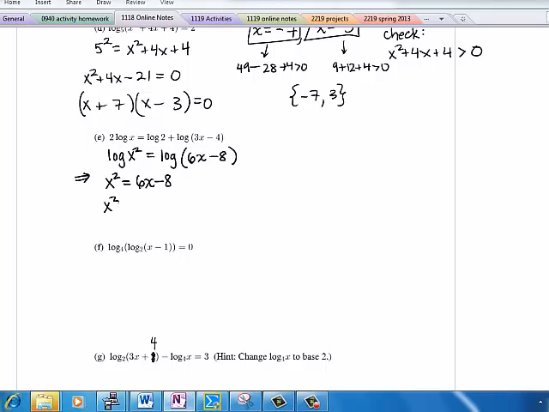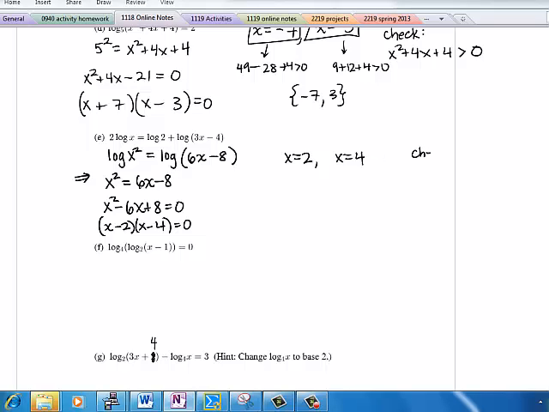So x squared minus 6x plus 8 is 0. That's going to give me x minus 2 times x minus 4 equals 0. So x equals 2 is one possibility, x equals 4 is another.